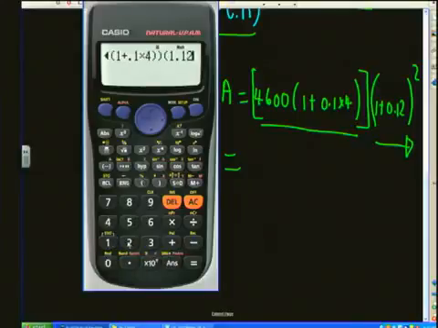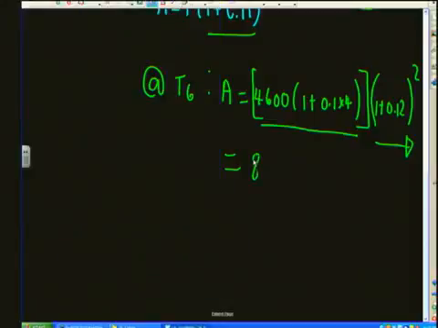All I've done there is I've added the 1 and the 0.2, and that's going to be to the power of 2. Okay, so our entire calculation in one step, and we get an answer of 8,078.34. So 8,078.34 if we round it to the nearest cent.